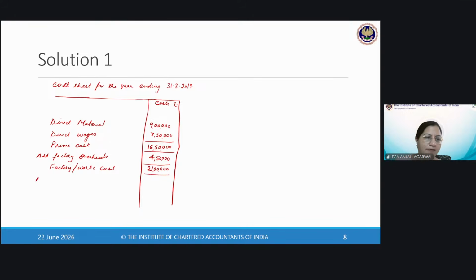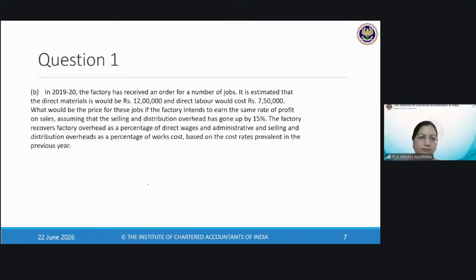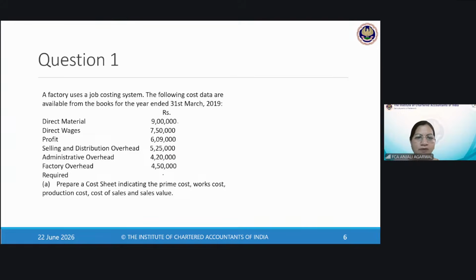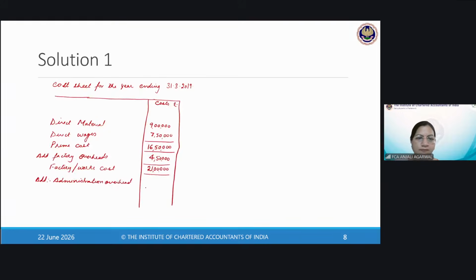To this you will add administration overheads related to this product, which is 4,20,000. This becomes your cost of production or cost of goods sold. Same here because there are no stocks given.